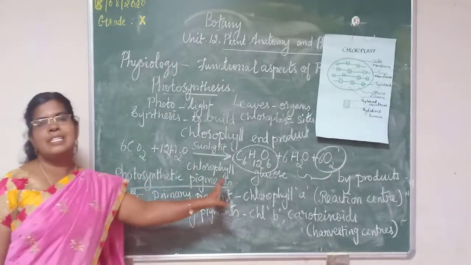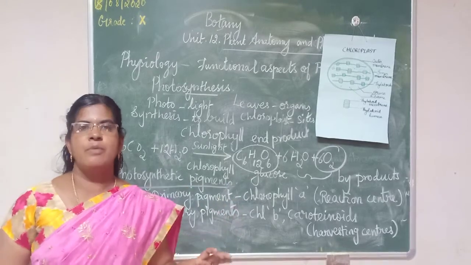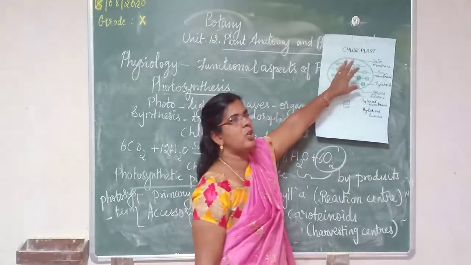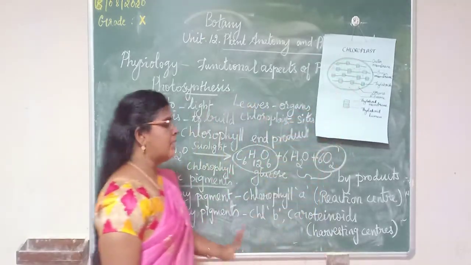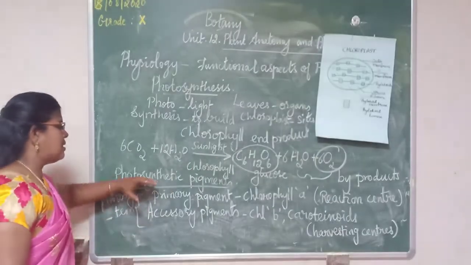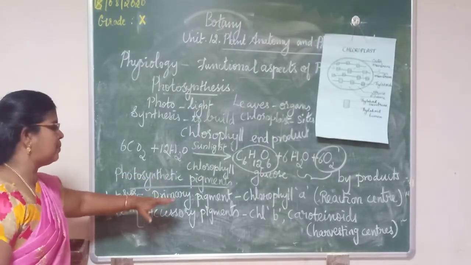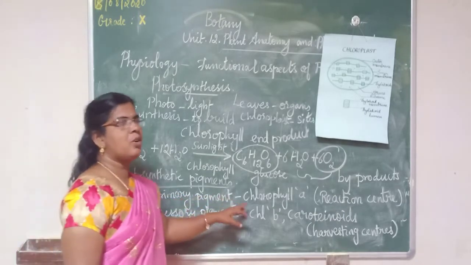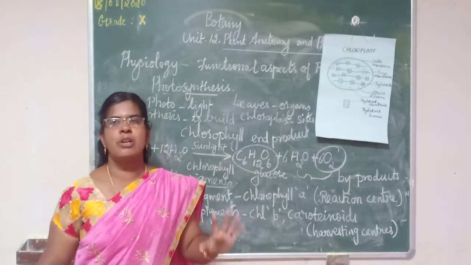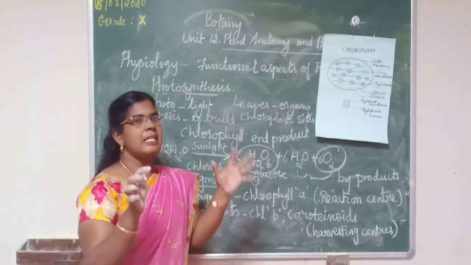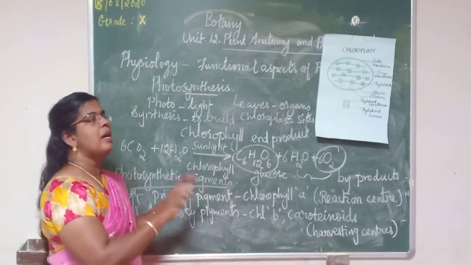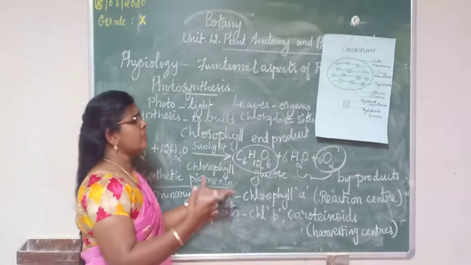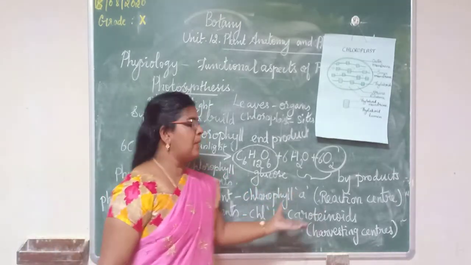What are called photosynthetic pigments? Pigments involved in photosynthesis are called photosynthetic pigments. They are present inside the cellular organelle, that is the chloroplast. These pigments are classified into two classes, primary pigment and accessory pigment. The primary pigment is chlorophyll A, because it has the capacity to trap light energy and convert it into electrical energy and chemical energy.